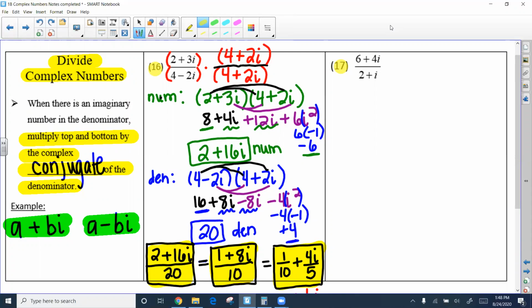So I am dividing by a complex number, but I'm not actually going to divide anything. I'm going to multiply by something. So look at the denominator. The denominator is 2 plus i. So if you think you know what I have to multiply by, type it in the chat to everyone. What am I going to multiply by if the denominator is 2 plus i?